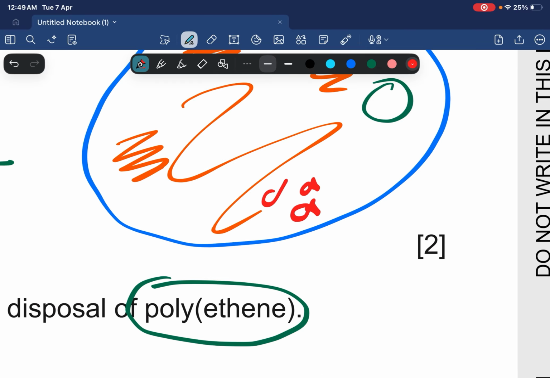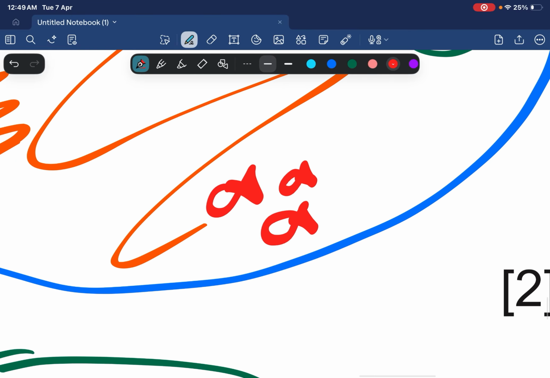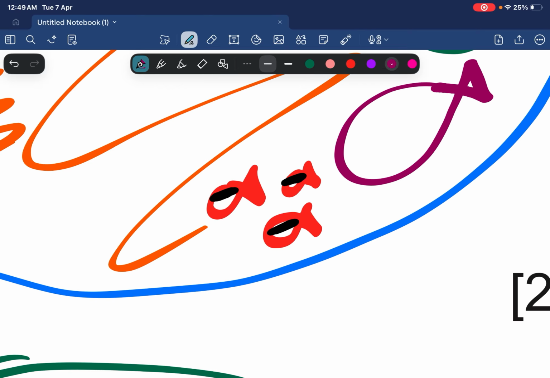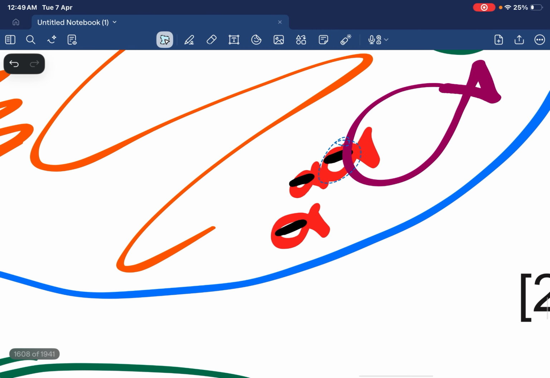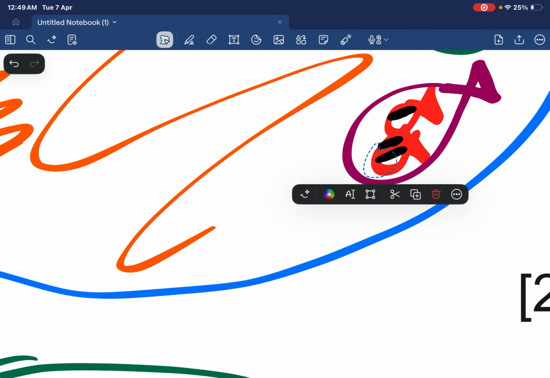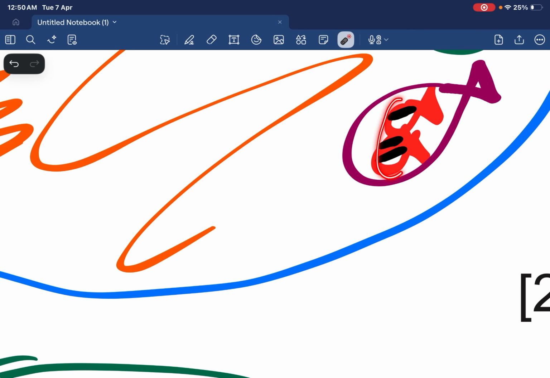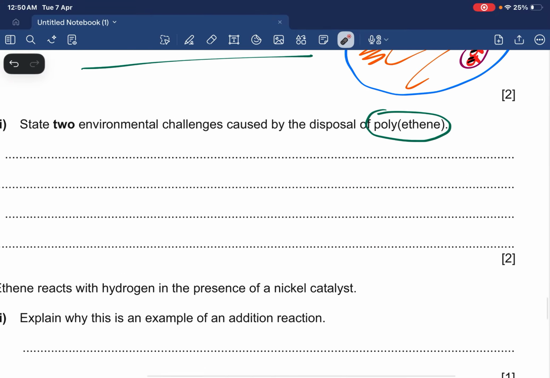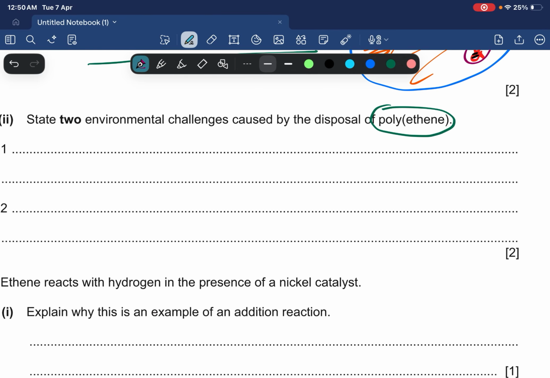All of these small fish have plastic inside their body. With black I'm marking plastic. This is plastic in small fish, plastic in small fish, plastic in small fish. Got it? When my big fish eats these 3 small fish, 1, 2, and 3, my big fish is going to get this much plastic inside it. So plastic basically magnifies from one organism to another. The black plastic got into the big fish. Got it? So firstly, accumulation of plastic in oceans is a big problem.